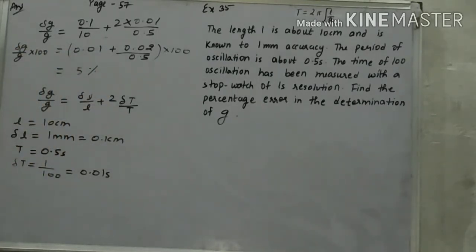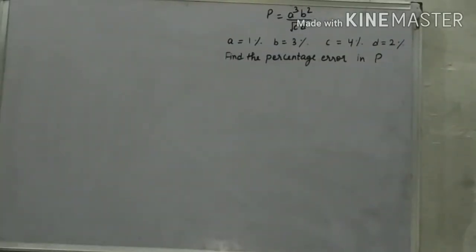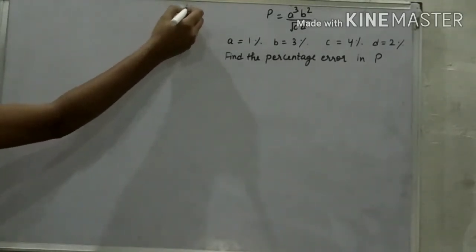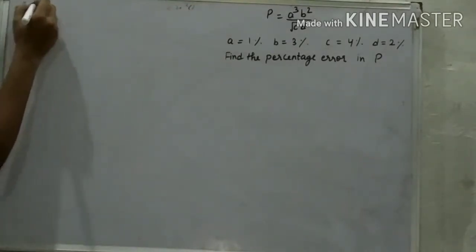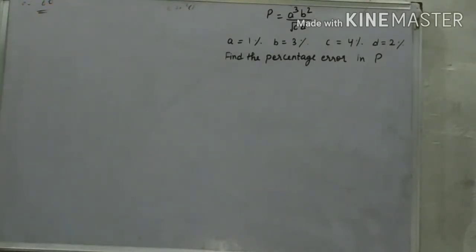Now we will solve the next question. Now this is your second question here. This is your example number 41. Page number is 60. So what we need to calculate is the percentage error in P. First we will solve for the fractional error.